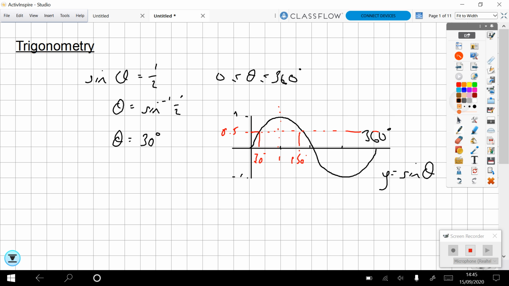And so from the graph, we get our second solution. At that point, it's worthwhile taking a calculator and trying sine of 150, because if it's right, then it will also give you a half. We know that there are no other solutions between 0 and 360 because there are no other intersections on the sketch.